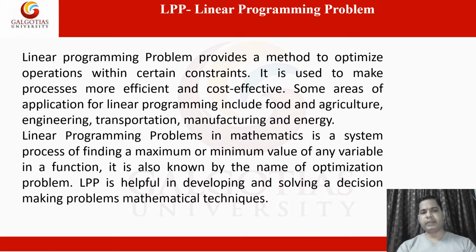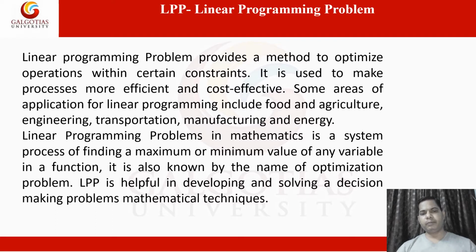So when we are making the decision better, the decision will be the most efficient and it should be effective. Some areas of the application of linear programming include food, agriculture, engineering, transportation, manufacturing, energy, and apart from that we have management. In the management we have marketing and the different parts of this management.